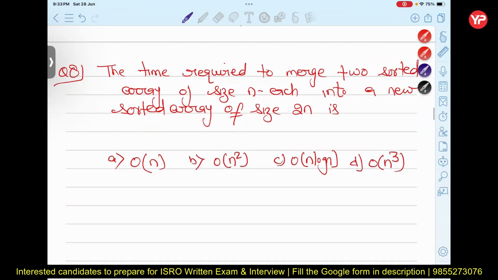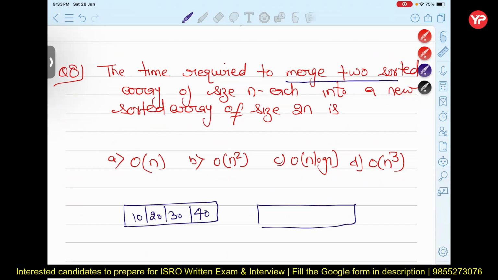Next, the time required to merge two sorted arrays. That means we are going to merge two sorted arrays. Just take the example 10, 20, 30, and 40. We have one more, 11, 21, 31, and 41, of size n each.